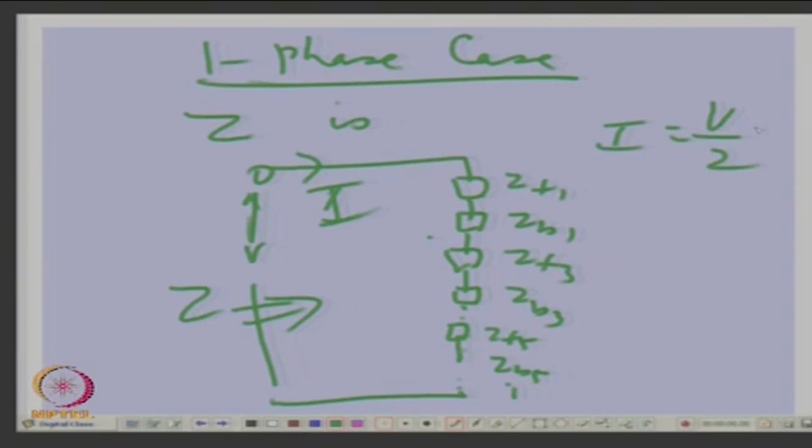If you have a single phase motor, it will have all the harmonics, that means all fields are there. This is due to the forward field fundamental, this is due to the backward field fundamental, this is due to the third harmonic field, the forward third harmonic, backward third harmonic.